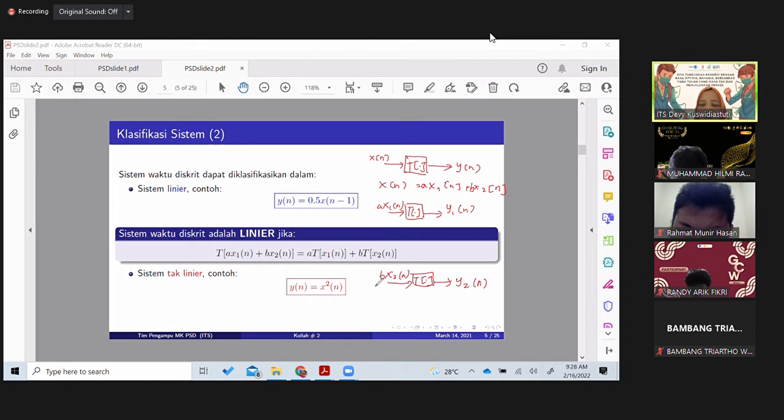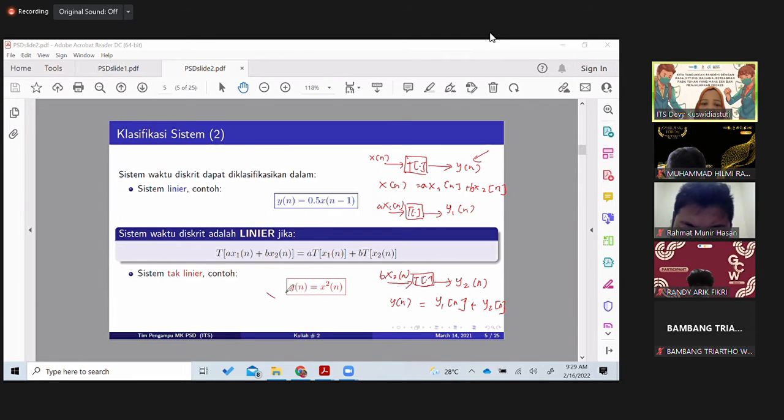If the system is linear, then this yn here must be equal to y1n plus y2n. Then you could say that the system is linear.